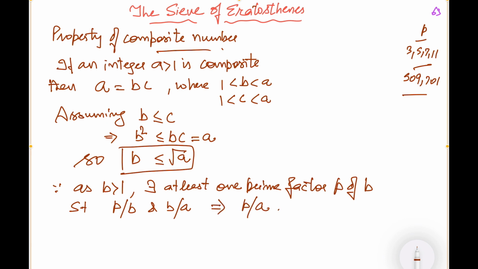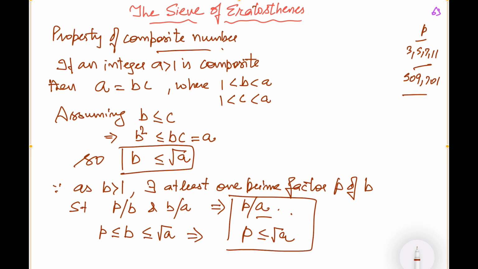So p is also a factor of a. And where does p lie? As p divides b, p has to be less than or equal to b. And b is less than or equal to the square root of a, which implies this prime factor is less than or equal to the square root of a. So this was the property here.